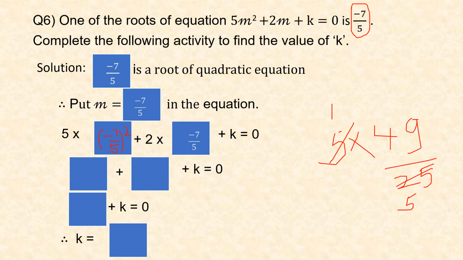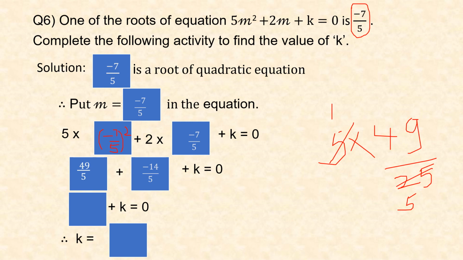Therefore, next bracket is 1 into 49, that is 49 upon 5, plus 2 into minus 7 upon 5, minus 14 upon 5.